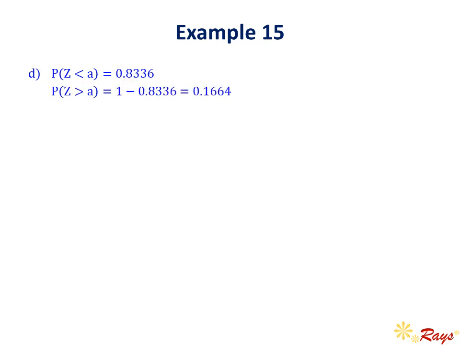So the probability of the whole bell curve minus the probability of the bigger area gives us the probability of the smaller area on the right. So now the question is read as find the value of A with probability Z greater than A is equal to 0.1664.